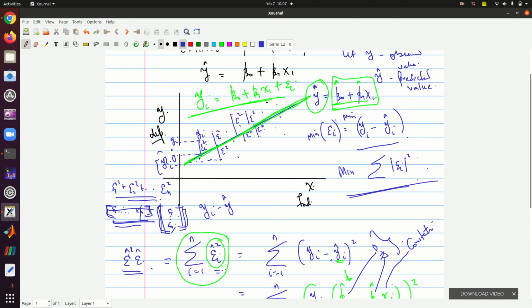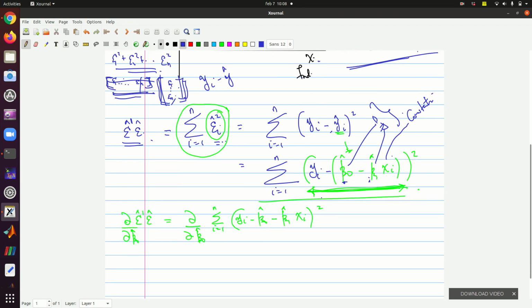The xi's are the constants, they are the values which are given to us rather. And then the yi is a random variable. Well, I don't want to go so deep into that because I have to explain many things, but for now we can say our beta naught and beta 1 are the variables here with respect to differentiation.